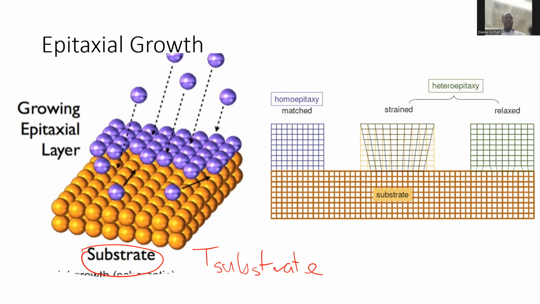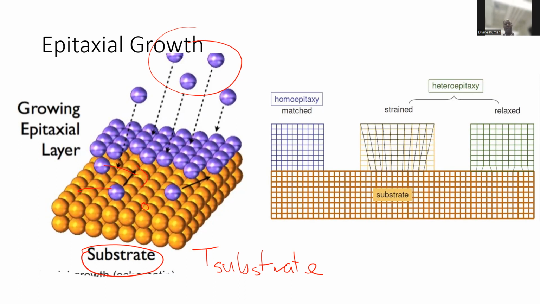As we evaporate the atoms or molecules of the materials we'd like to put on, when they hit the surface, because the substrate is at a high enough temperature, they will diffuse on the surface and land in very well-defined locations, the lowest energy locations.